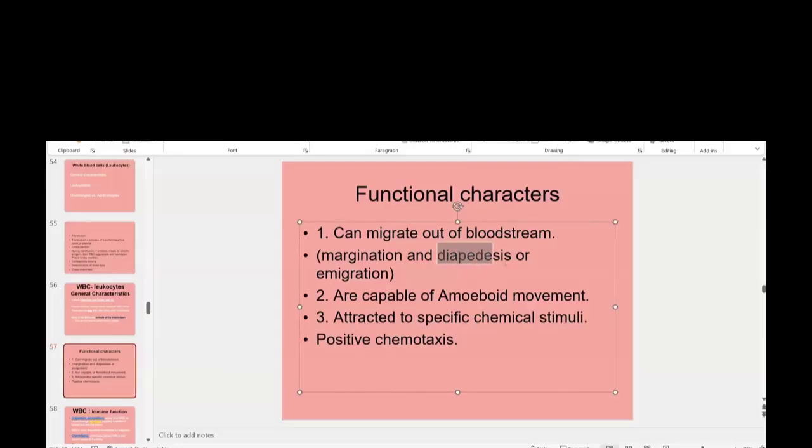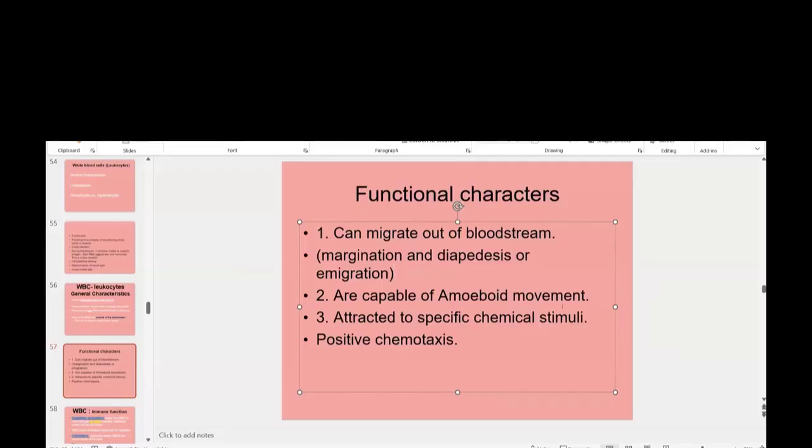This term means that the white blood corpuscles, the WBCs, have the ability to come out of the bloodstream and invade the particular tissue or organ which is infected. This process of moving out of the endothelial wall and entering the tissue region to attack the bacteria or virus is called emigration or diapedesis, moving out of the bloodstream to attack that foreign antigen.